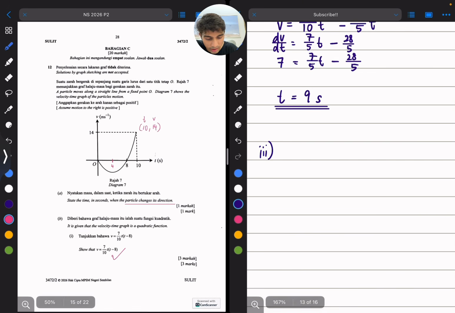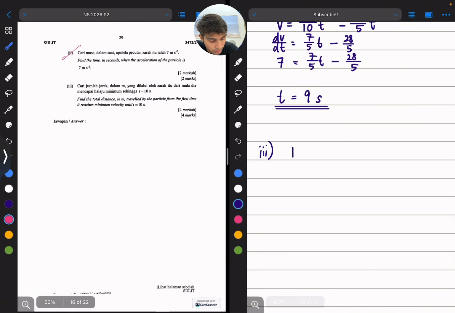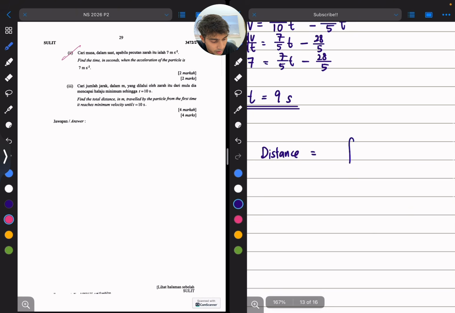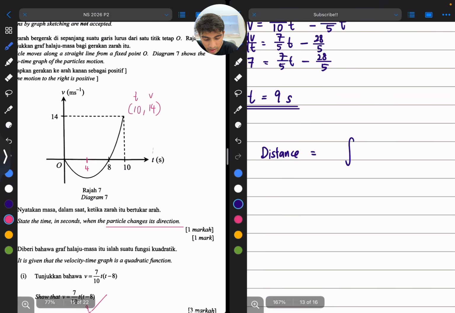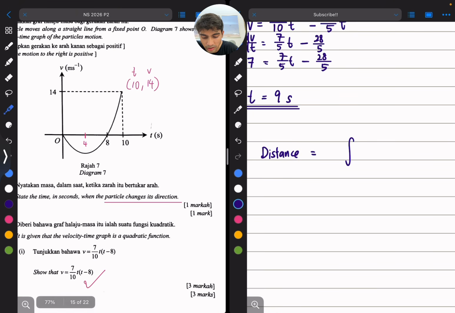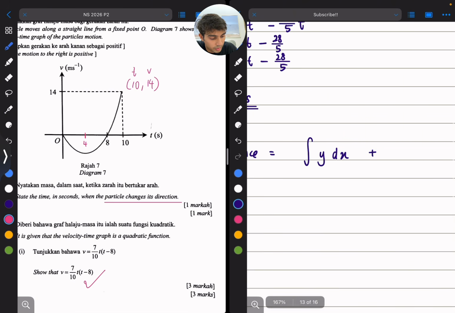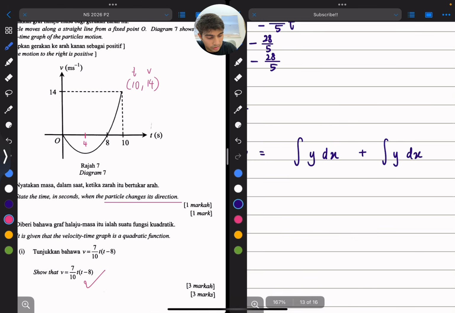So to find the area, you can say distance is the integral. To find area under the graph here, we are using our x limits. So we use y dx plus y dx. Okay, so this is between 4 and 8. This is between 8 and 10.